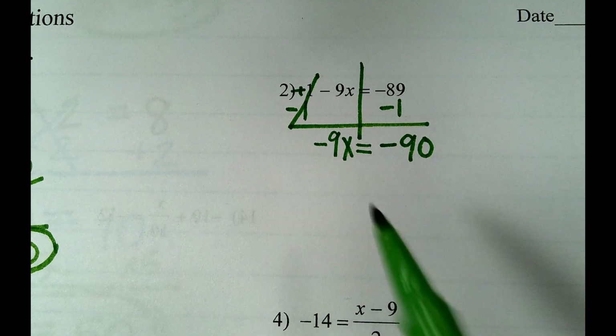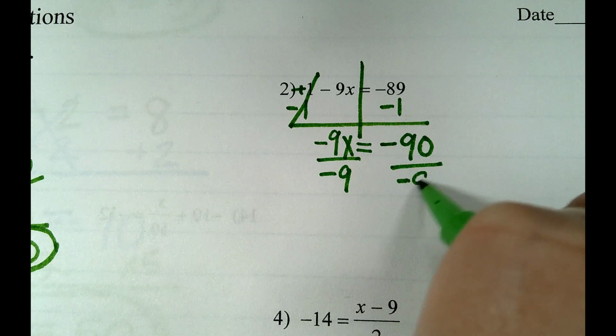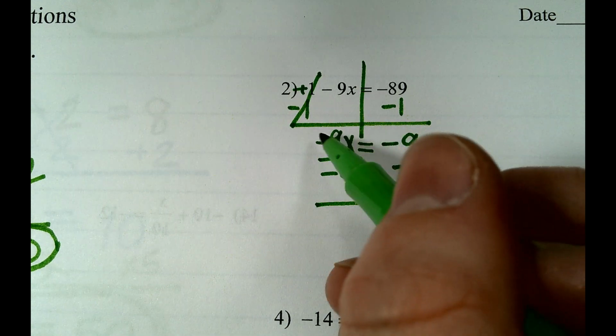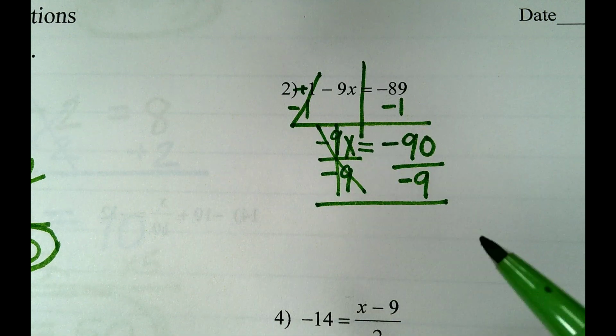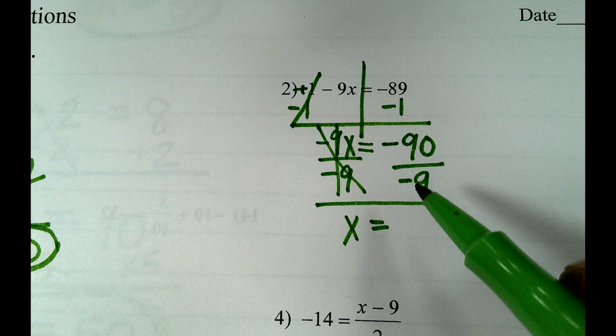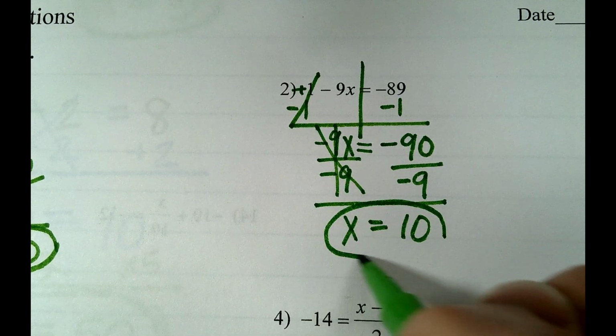Yes, we would divide by -9 on both sides. Those -9s cancel. So we got x equals 10. Yep, positive 10. The two negatives cancel out.